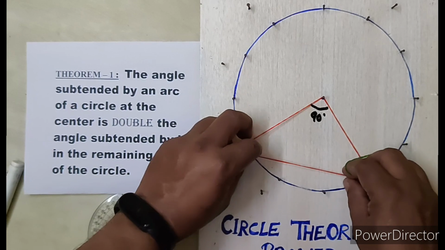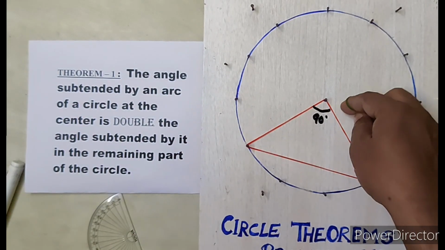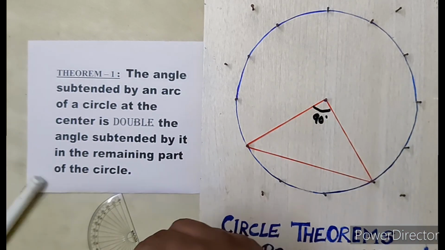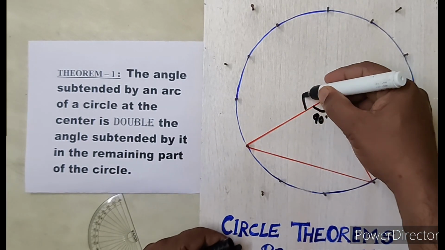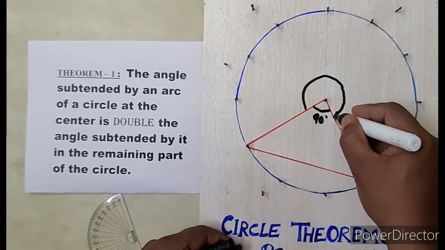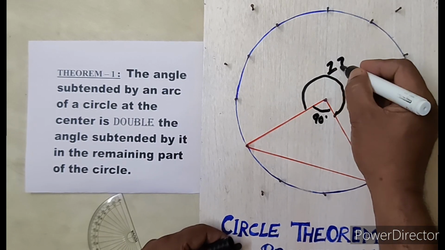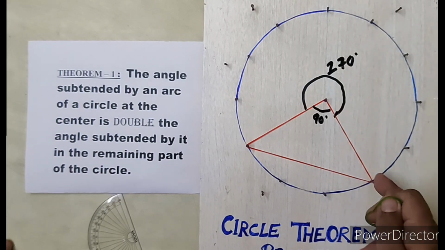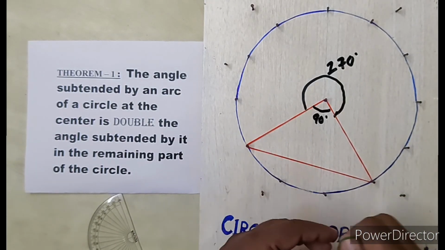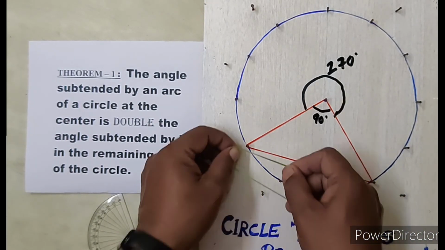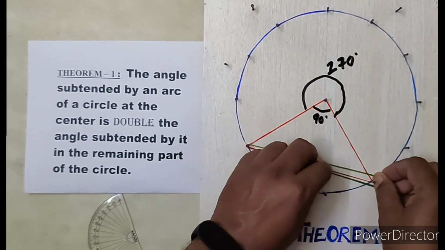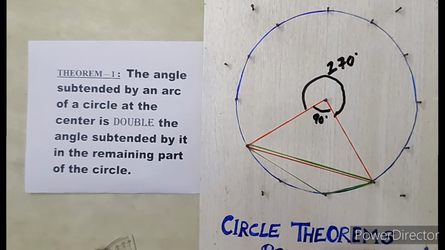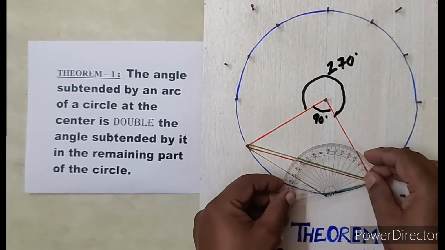Now we can even try with the angle made by this part, which will be 360 minus 90, 270 degrees. So this is the major arc making an angle, and the remaining part of the circumference is the minor arc. Now if I try to get the angle in the minor arc, let us measure it.